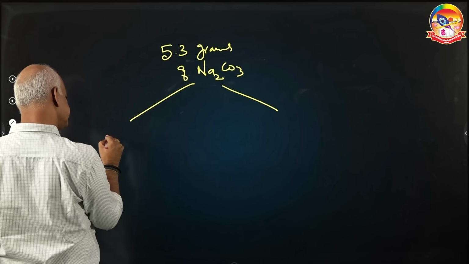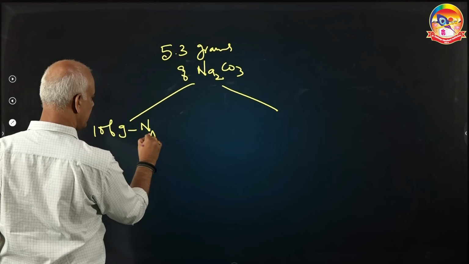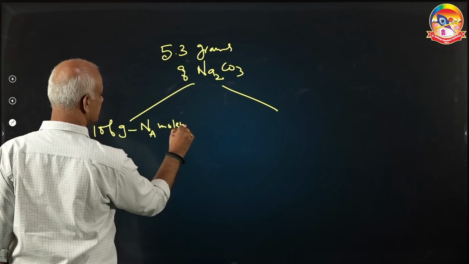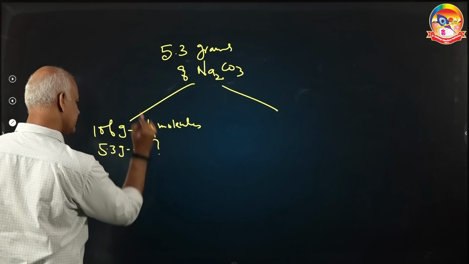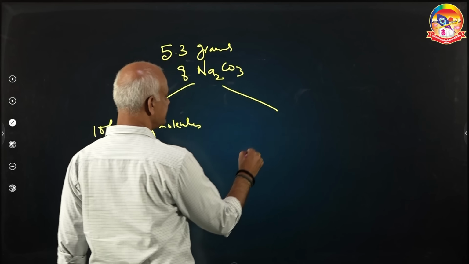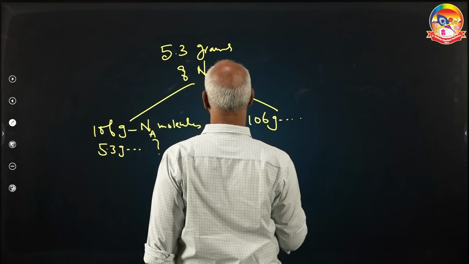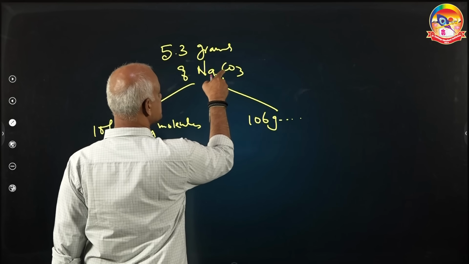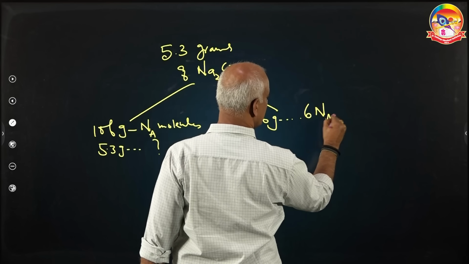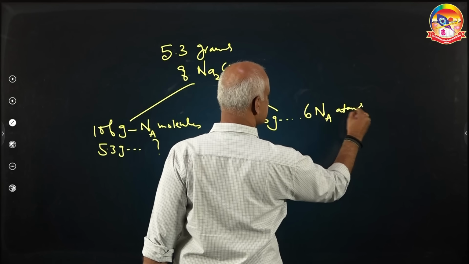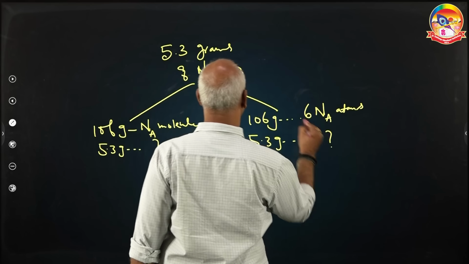It will contain... 106 grams contain Na molecules, 5.3 grams contain how many? This is about molecules. Then 106 grams of it contain 2 sodium atoms, 1 carbon atom, 3 oxygen atoms. 6 Na atoms, 5.3 grams contain how many?